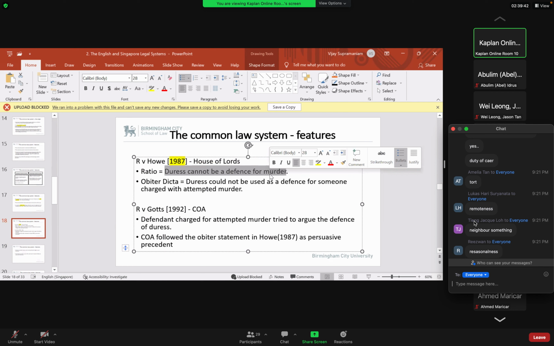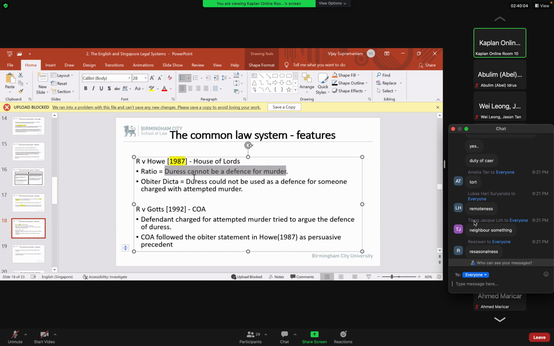Why is this the ratio? Because on the facts of this case, this is a murder case, and in this murder case, the courts established the principle that duress cannot be used as a defense for murder.